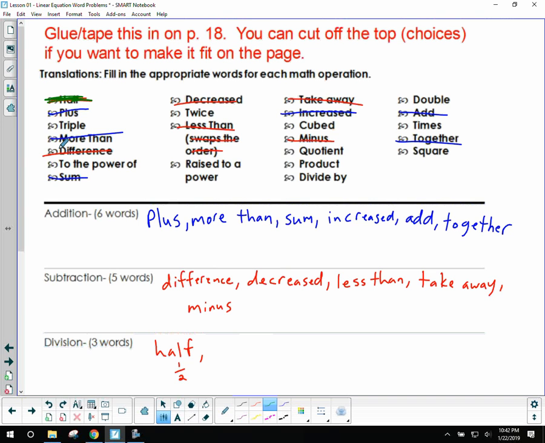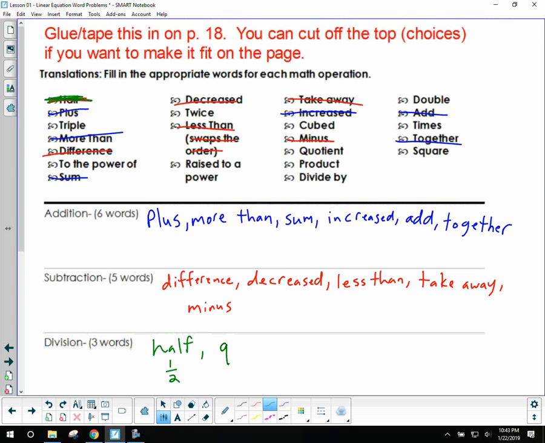And again, if you didn't know, that's divide by 2. Let's see here. Quotient. That's not a good word. Quotient. And obviously divide by. If you miss divide by, I weep for humanity.